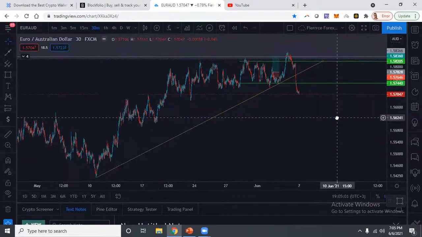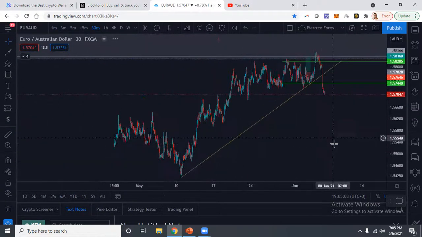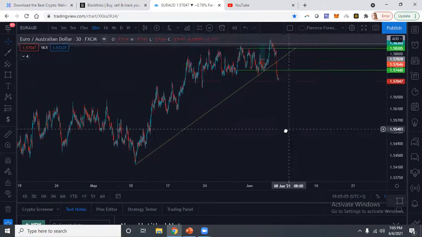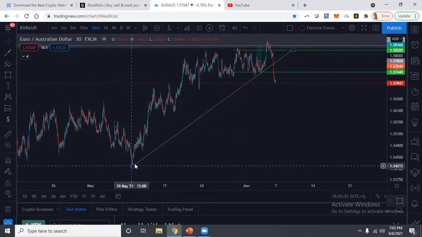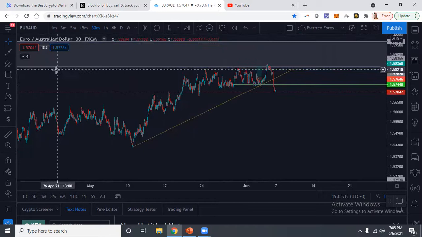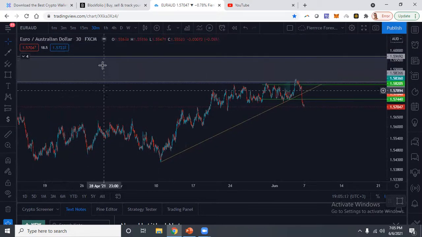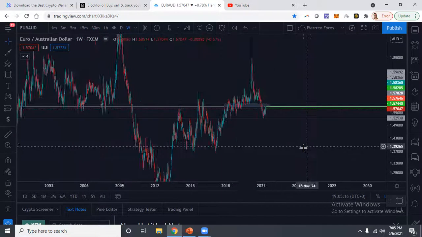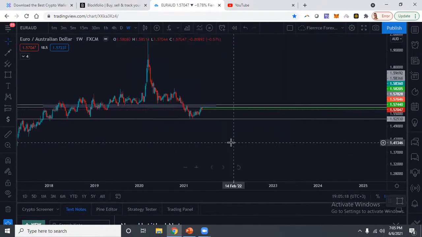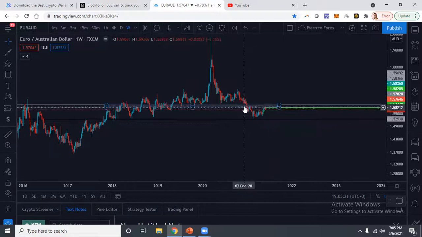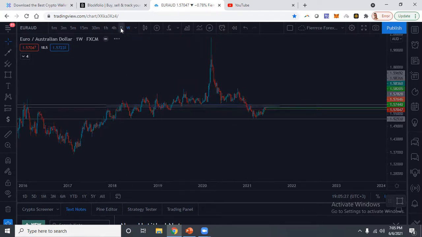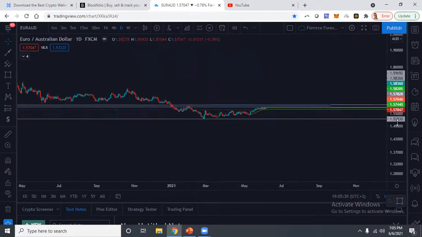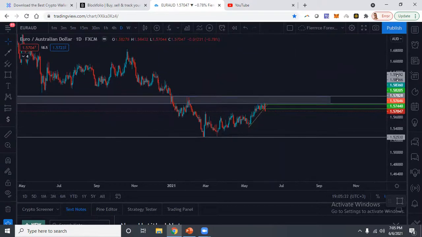So similarly, we can see what happened. Again, most of these pairs have been bullish for a couple of weeks now. And Euro AUD for sure had gotten to its weekly high and really not been able to push past the weekly high. As you can see, when I look at the daily, okay, you can even see it a bit more clearer.